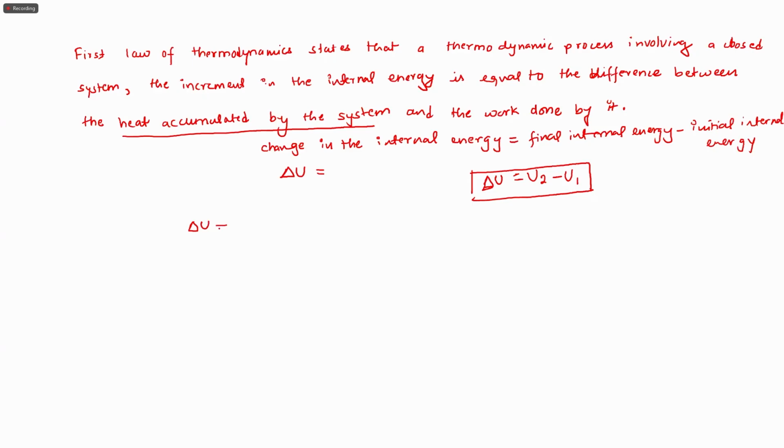Q. Divided by the W. So it will be Q minus W. Where Q represents the heat supplied to the system, and W represents the work done by the system, and delta U represents the change in internal energy.